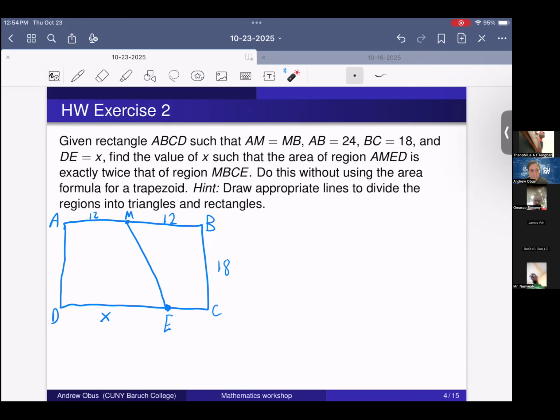Anybody? Yeah, so what lines should we draw to divide this figure into triangles and rectangles that will make it easier to calculate the area?